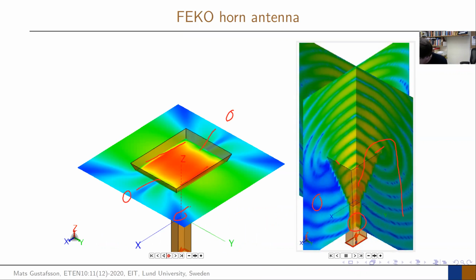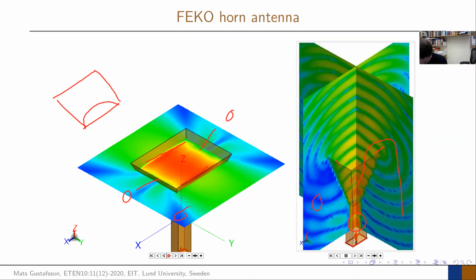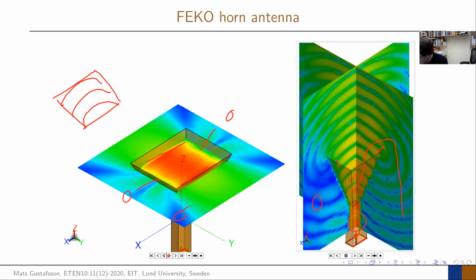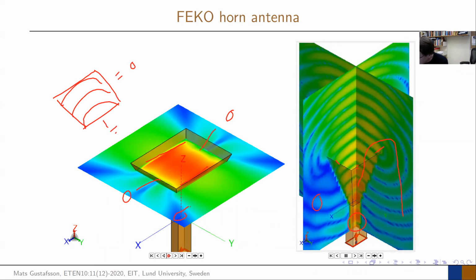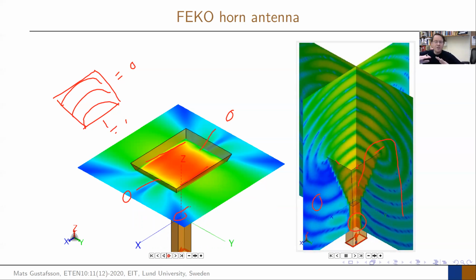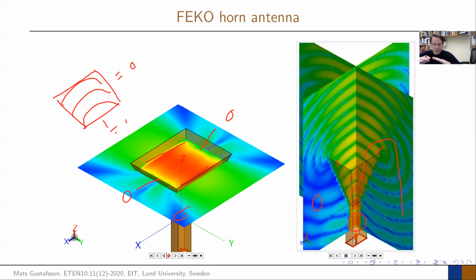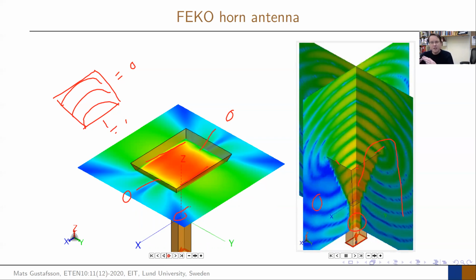And if you would draw a picture of this, if I have the aperture here, I have a field that looks like some cosine shape here. So it's equal to zero there, but it's equal to, let's say, 1 on this side here. So it only goes to zero on one side. And it has to do with the fact that the tangential component of the electric field here has to be zero.